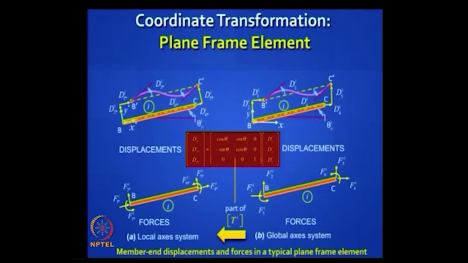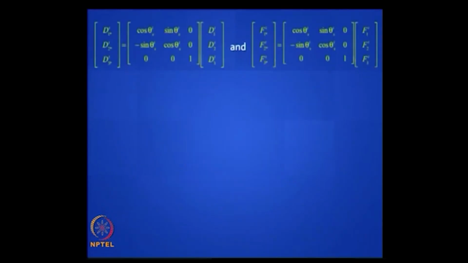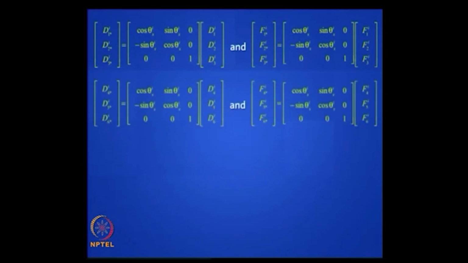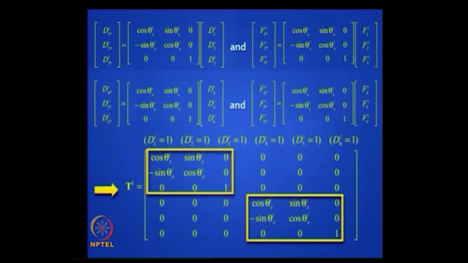So I hope you are familiar with this, and knowing this you can easily write down your transformation matrices at the two ends, put it together, and you have this symmetric Ti matrix where each of those blocks in the main diagonals are familiar to you. Is it clear? So we have to use this. Any doubt?